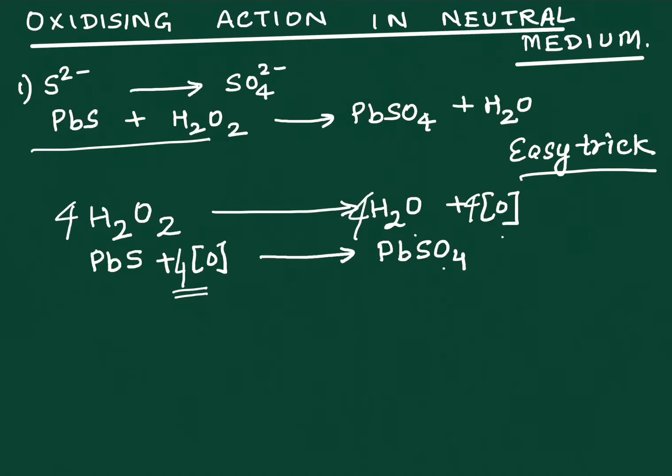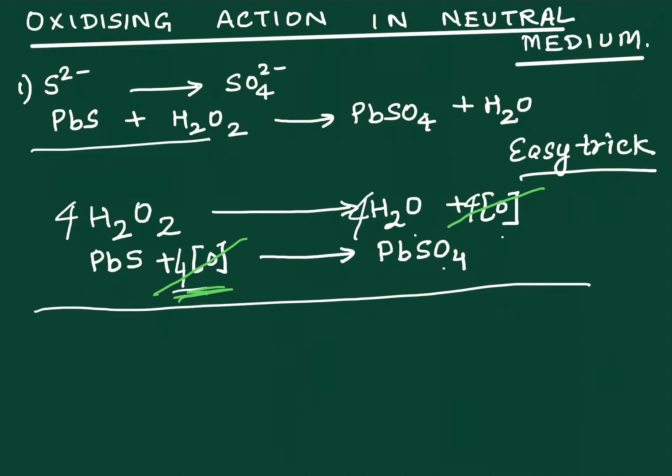Okay, so now that we've balanced, if you see 4 nascent oxygen are being formed and 4 nascent oxygen are being used up. So what is being generated is being used up. No profit, no loss. Simple, right? Now what is left for us? Anything else that is being generated and used up? No. Let's add up the 2 reactions now.